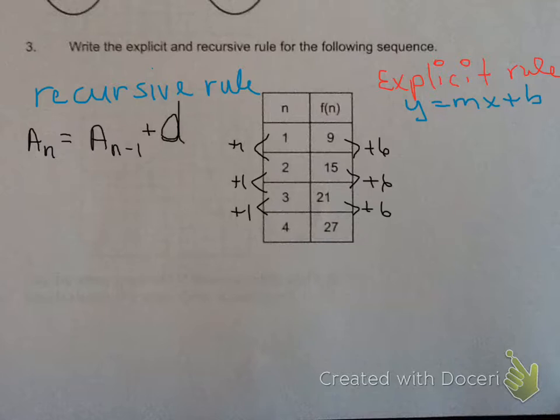We've noticed that the d is 6, so a of n equals a of n minus 1, with the n minus 1 like a subscript, and our pattern is 6, so we'll put plus 6. Now this is our recursive rule. However, we have to tell you what we're starting off at. In this case, I'm going to say a of 1 equals 9.